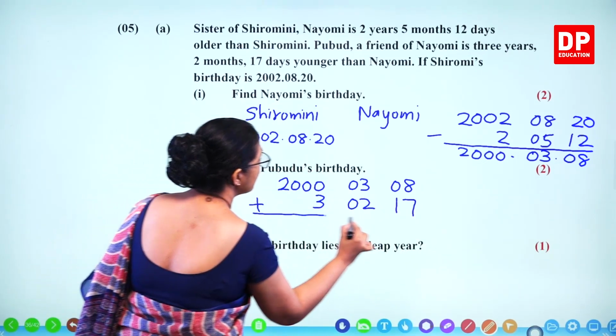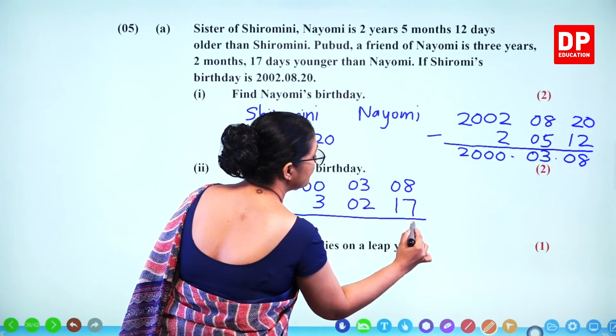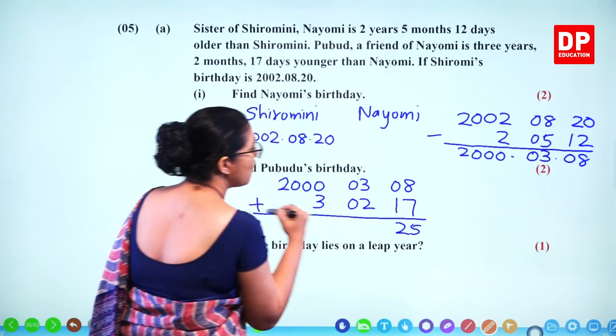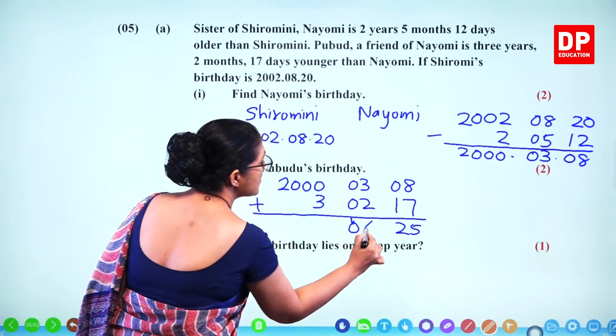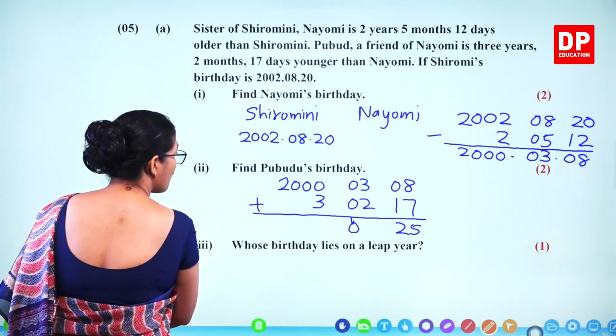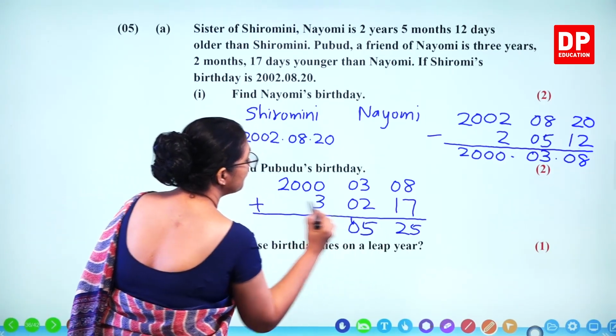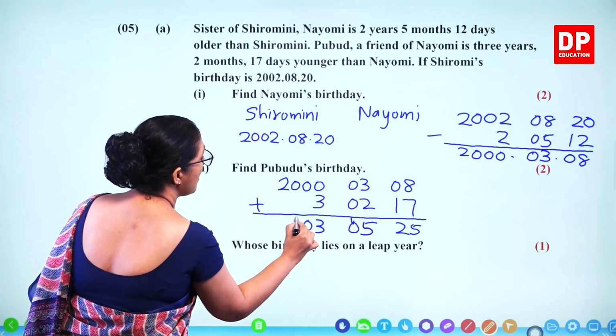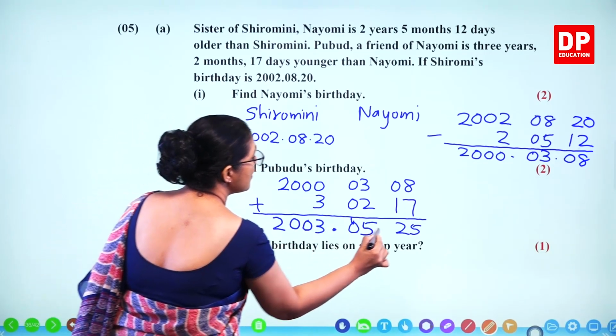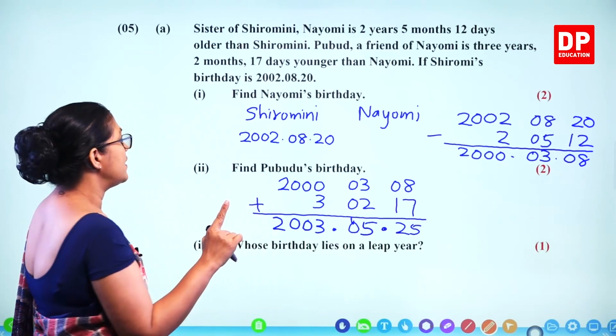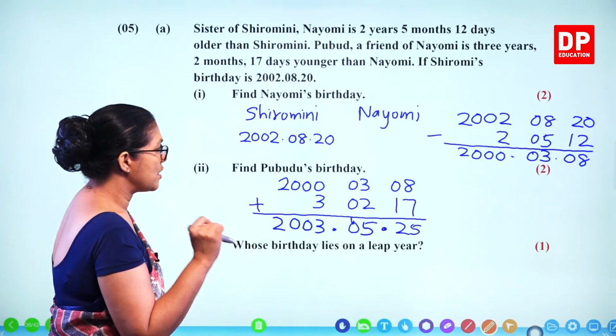We have to add it. 8 plus 17, 25 days. 3 plus 2, 5. And then here, this becomes 2003. So, Pubudu's birthday is 2003, 5/25.